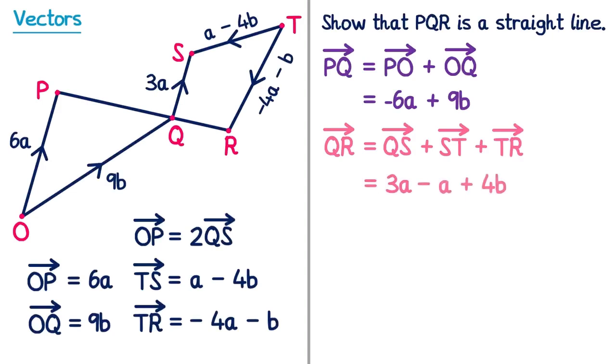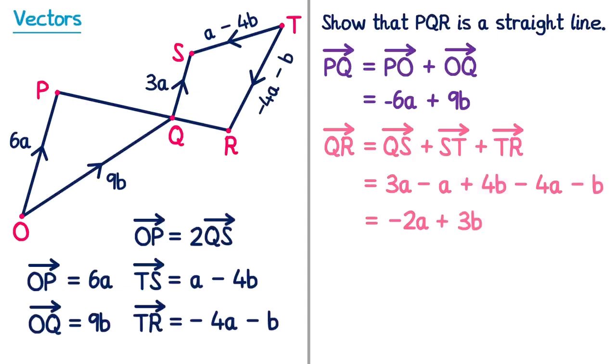And then from T to R we go with that arrow, so it's minus 4a minus b. Then we need to collect like terms here. We've got 3a, subtract 4a, which is negative 2a, and then we have 4b, subtract b, which is plus 3b.